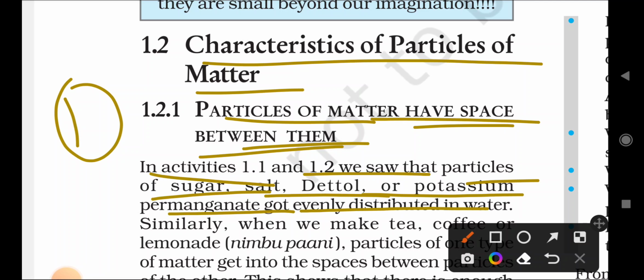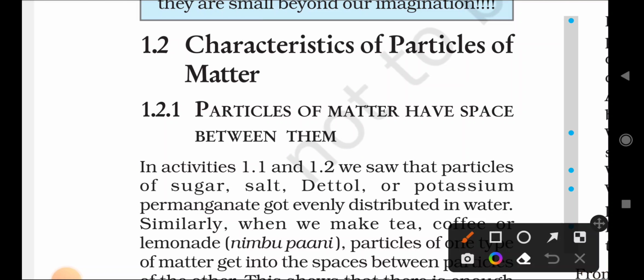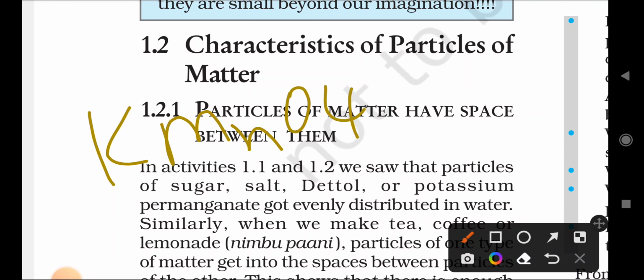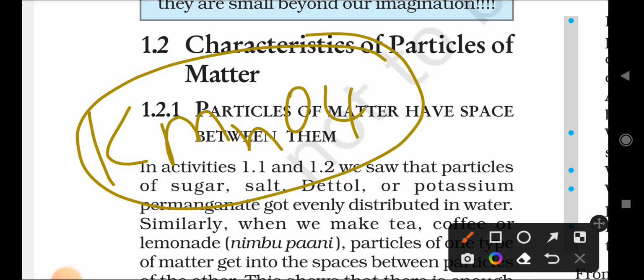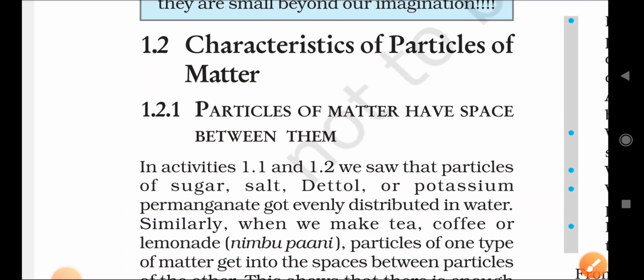For the above activity we conclude that we have taken 100 ml of water, and in that we are adding only 10 ml of potassium permanganate, KMnO4. It keeps dissolving and is evenly distributed in the 100 ml of water. We can even take sugar, salt, Dettol, all of which dissolve completely in water.